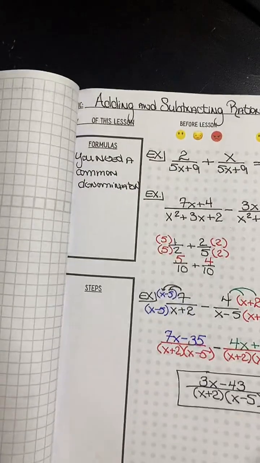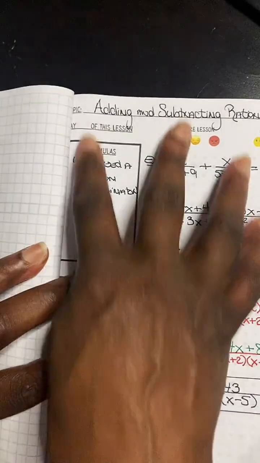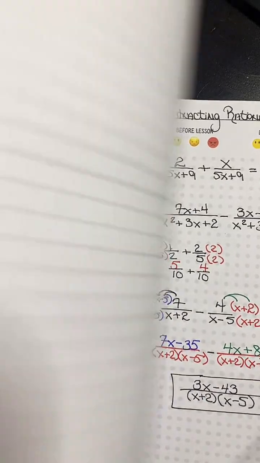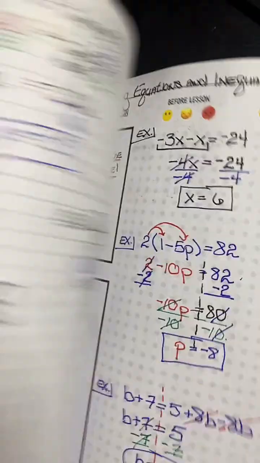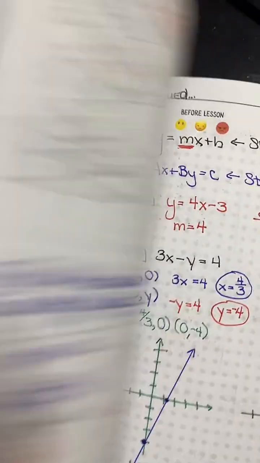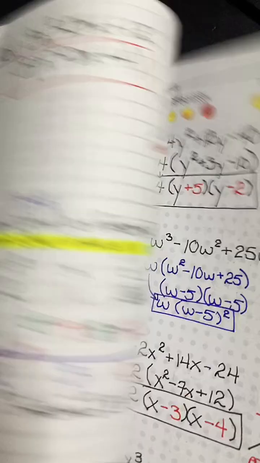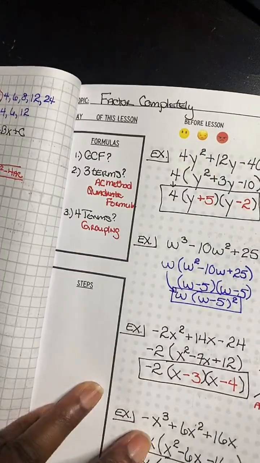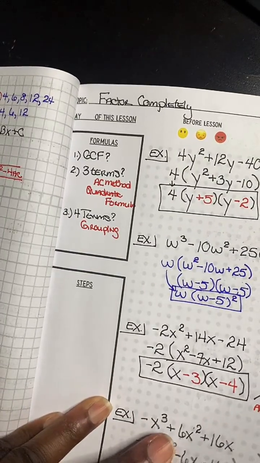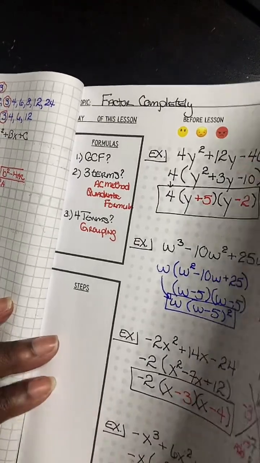All right. So, for those that don't know, I created this notebook. I'm really proud of myself for this. This is a math notebook that everybody should have in their arsenal this school year. I hate to say it, but back to school sales are starting to pop up.